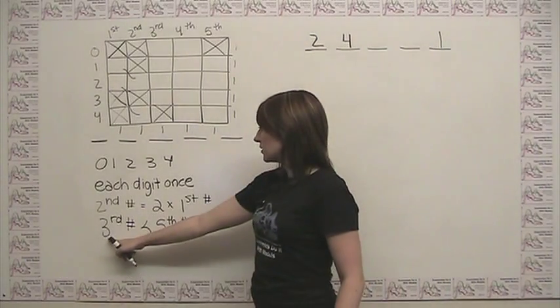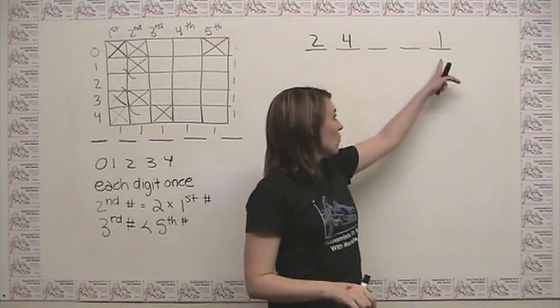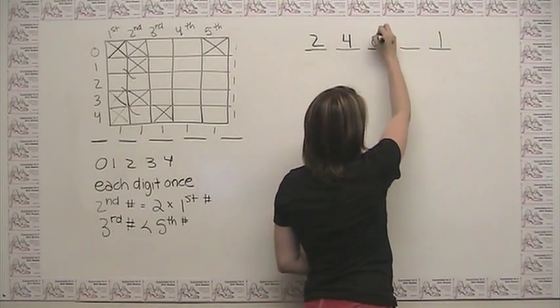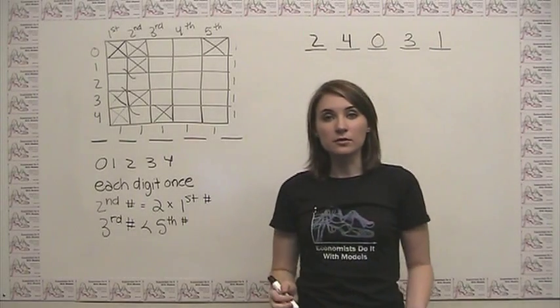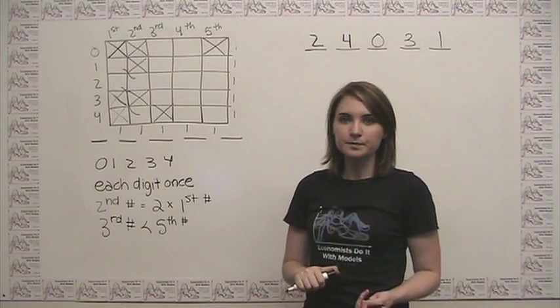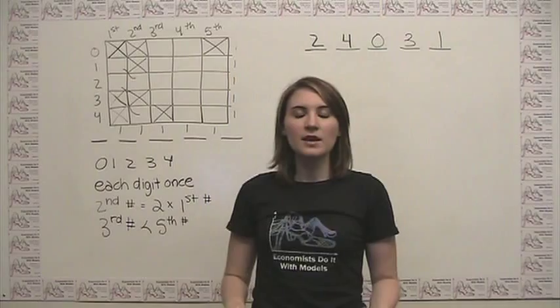We also know that the third digit has to be less than the fifth digit, and because we made the fifth digit 1, that would tell us that the third digit, in fact, has to be 0. And then the only thing left over is the 3, and we know exactly what's going on with this particular combination.